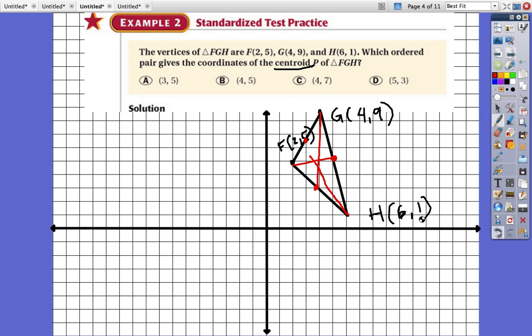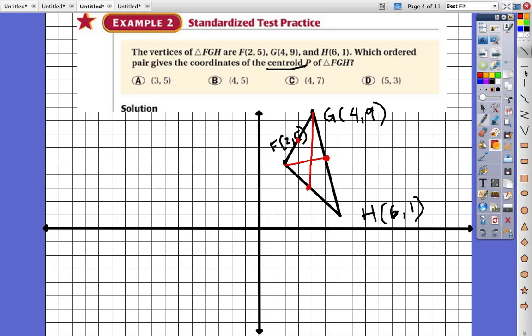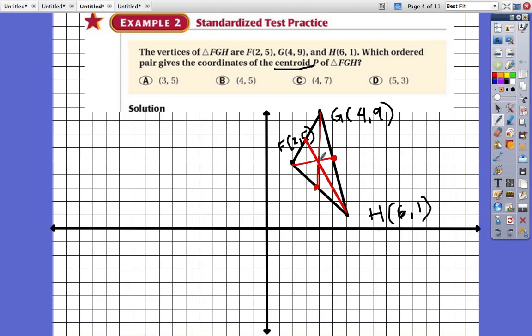Let's use a straight line. There we go. So, all the medians intersected at this point. That could be considered the centroid.